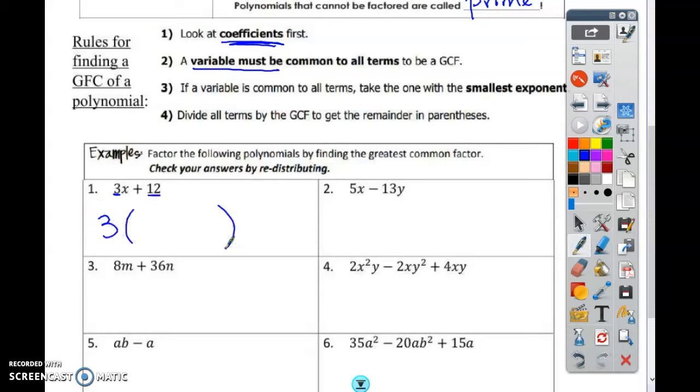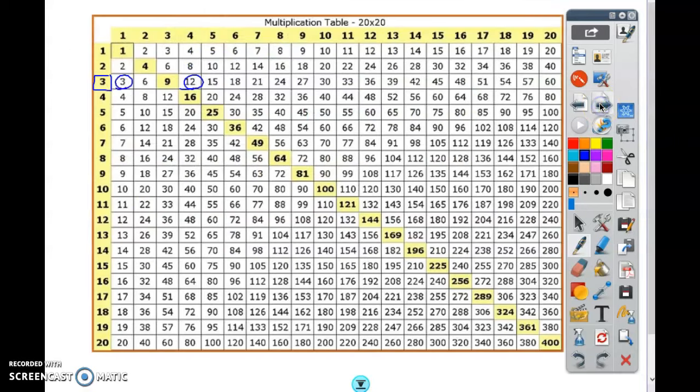and then what do they have left over? Now, I cannot take out any letters. It says, look at the variables too. I cannot take out any letters because only the 3 has the x. 12 doesn't have an x. So I cannot take out an x, so I'm going to have to leave it in there. So then I do 3 divided by 3 is how much? Let's go back and look at our table.